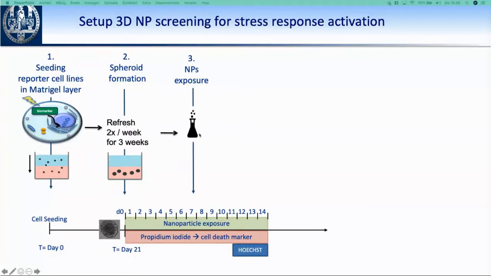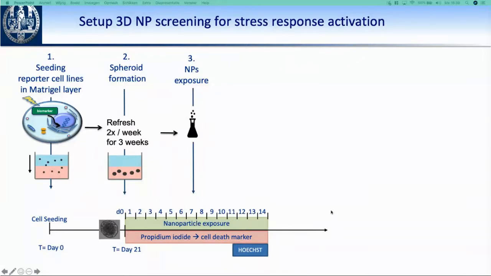Then we can do a nanoparticle exposure for up to 14 days repeatedly. On day 0, we remove the medium that's on top of the Matrigel, and then add fresh 25 microliters of medium, and then add on top 25 microliters of 2 times concentrated nanoparticle solution. And this we can do every day up until 14 days.